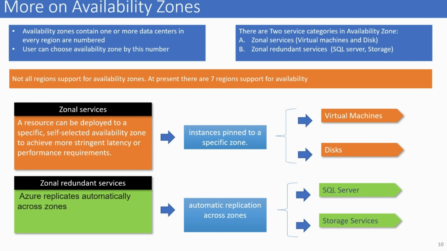Here in zone redundant services, when you are selecting the service for your project or application requirement, automatically you will be selecting another redundant location where the data from a SQL server is replicated, or the storage of information available in one location is replicated. So automatic replication is possible by the use of zone redundant services.